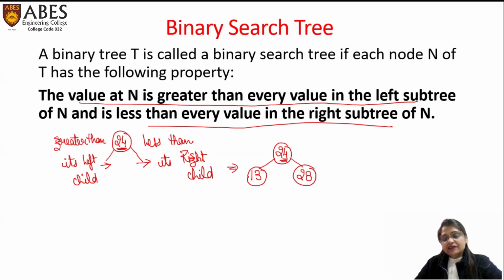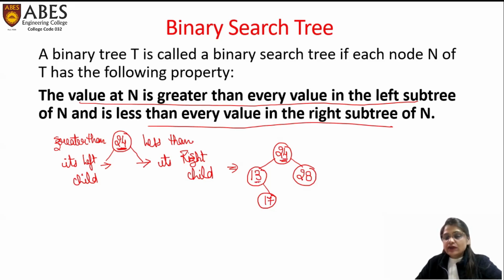Then there is a value 13 already placed, and 17 needs to be compared with 13. 17 is greater than 13, so it will go to the right child. Let us assume the next data item is 21. 21 is less than 24, so it will go to the left side.